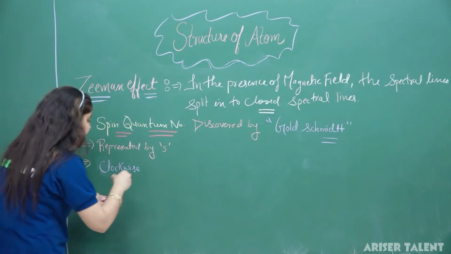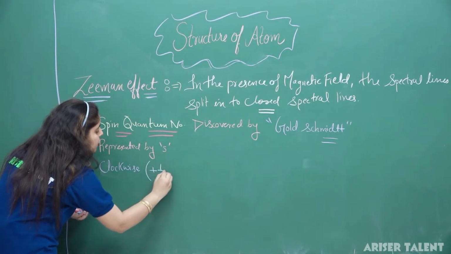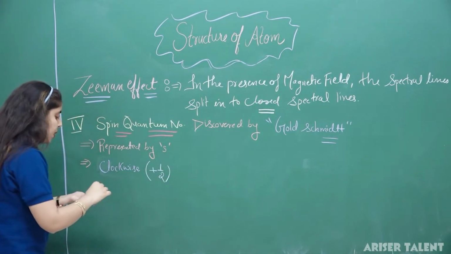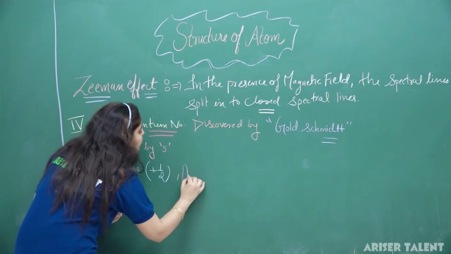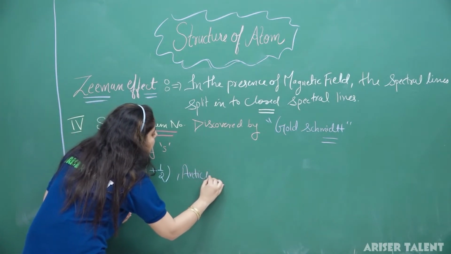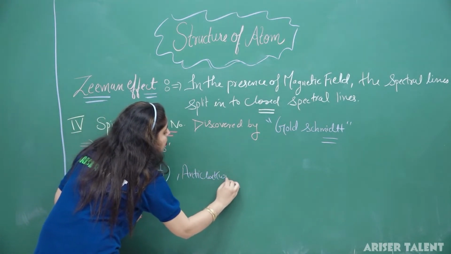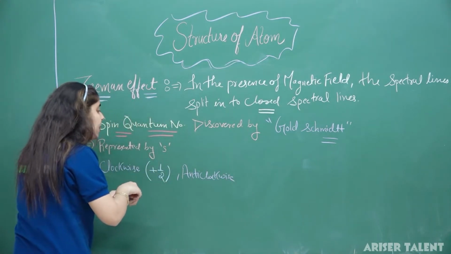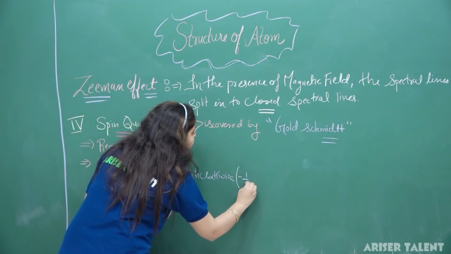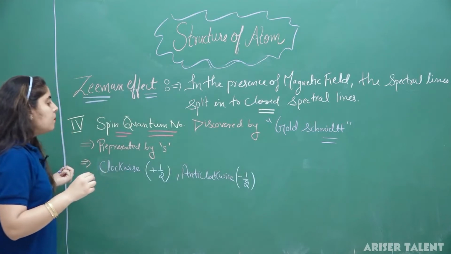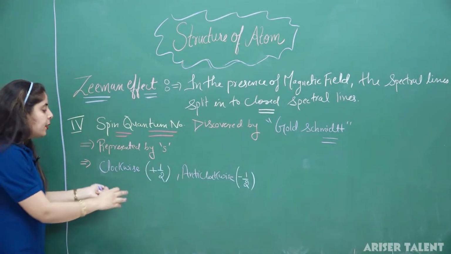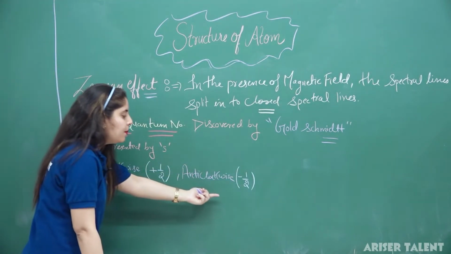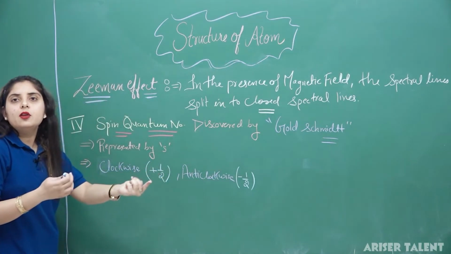For the clockwise direction, the electron will show +1/2 spin, and for the anti-clockwise direction, the electron will show -1/2 spin. So +1/2 spin will be shown in the clockwise direction and -1/2 spin will be shown by the anti-clockwise direction.